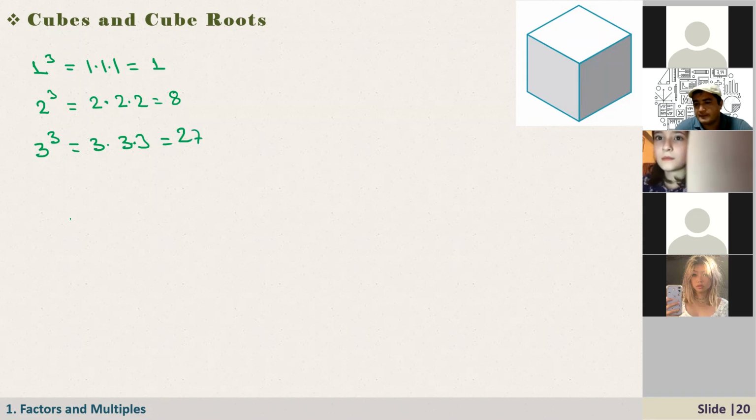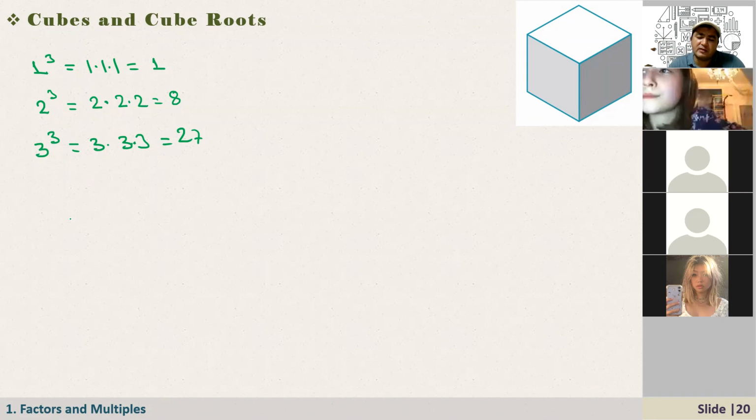Sir, may I ask a question about cubes? If I'm not mistaken, was it 3 or higher than 3? No, cube is exactly 3. Oh, okay. So we can read it as 2 squared, 3 squared, 5 squared, or cubed like 1 cubed, 2 cubed, 3 cubed.